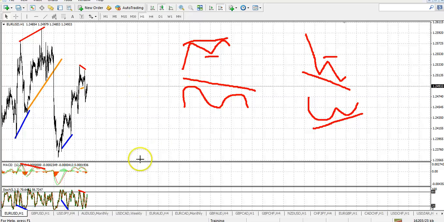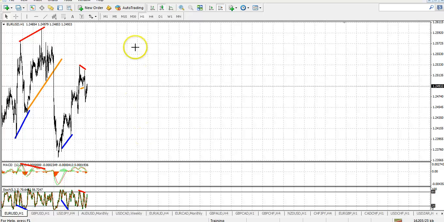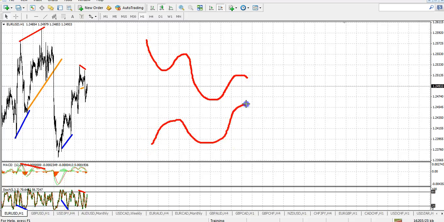Okay. Now, sometimes the market makes a low and a lower high, and oscillator indicators do something else. So here, the top part is the market, and this bottom part is the oscillator indicator. Now the oscillator indicator is again doing the opposite to the market.